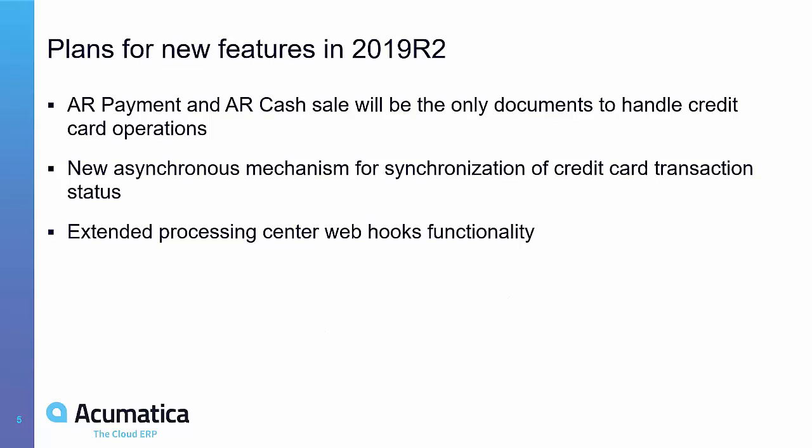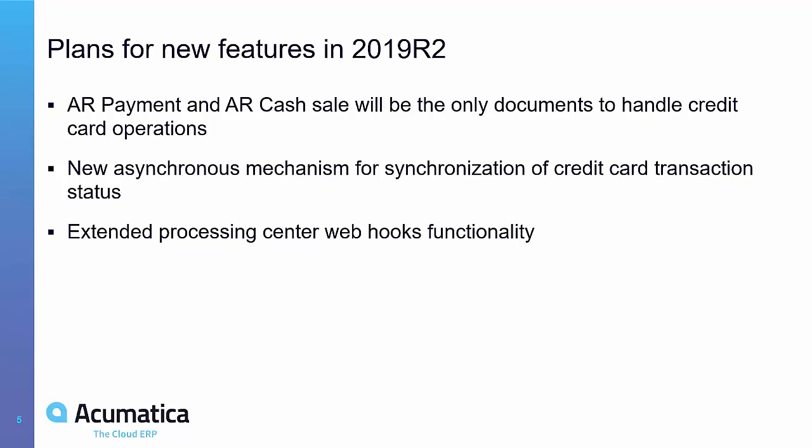So the main change, and it's a change of a business process rather than a change in interfaces or plugins, is that we will move all credit card processing functionality to AR payment and AR cash sale documents. So only from those documents, actions like authorize, capture, void, refund will be available.